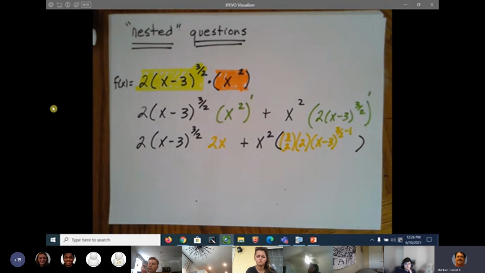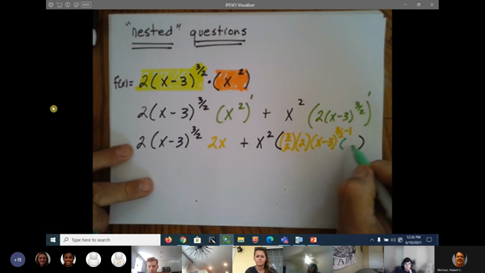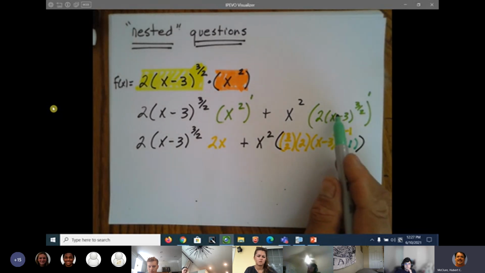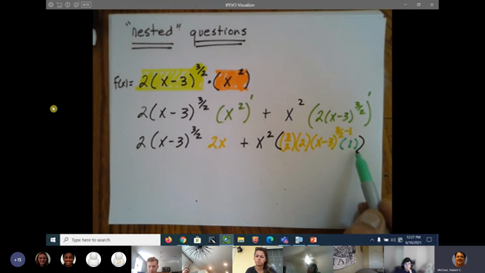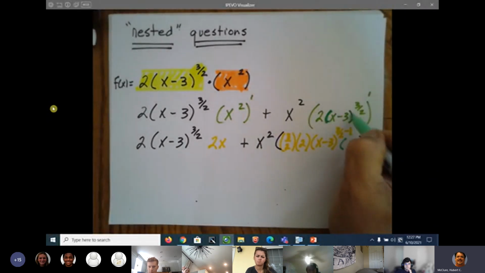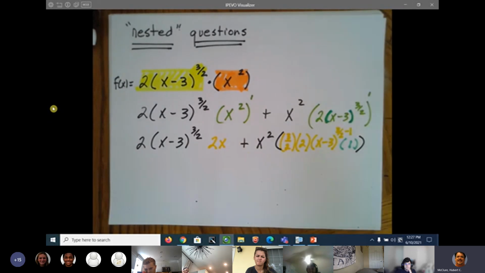And what's in the parentheses? Well, x minus 3 is in the parentheses, Hubert. Okay, so what is the derivative of x minus 3? 1. Now, I was easy on you. I could have made this 2x squared minus 3, and then that would have been 4x. But you got to remember, parentheses, take the derivative of what's inside.